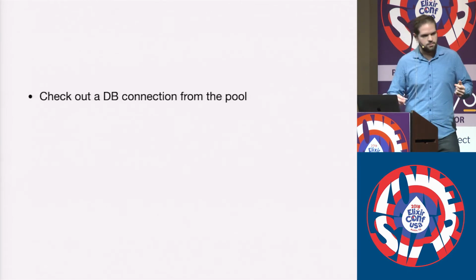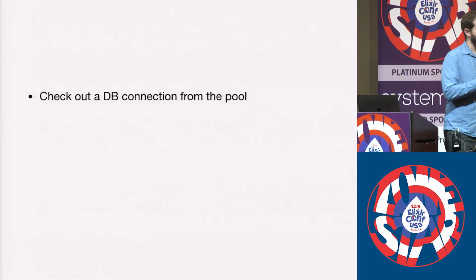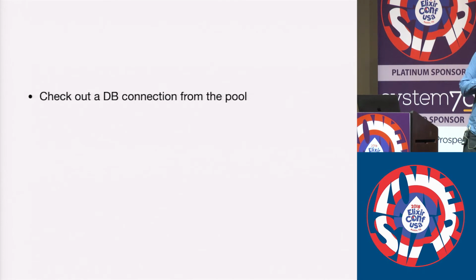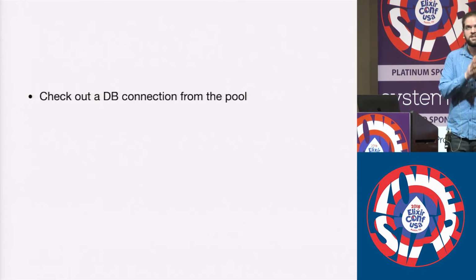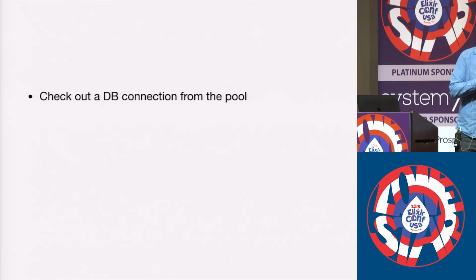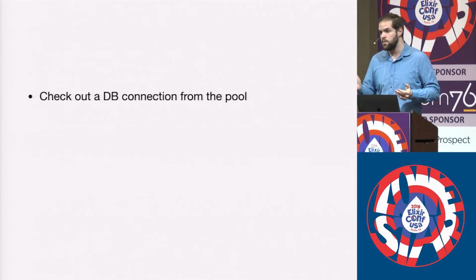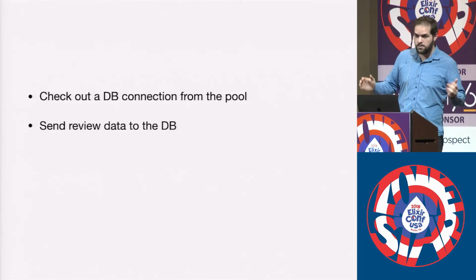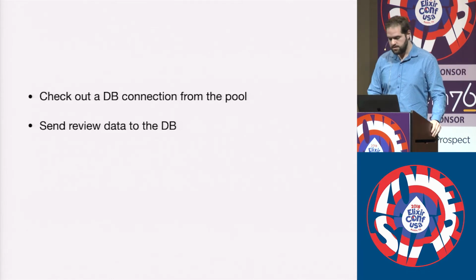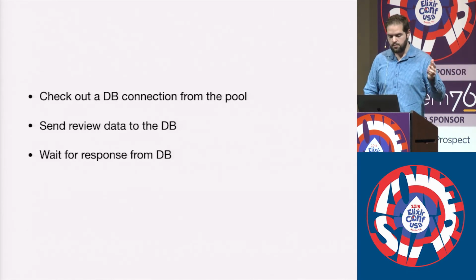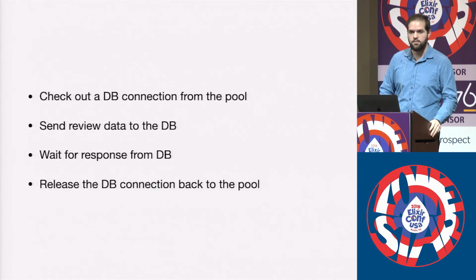This is a bit of a problem because of the way that SQL works. When we tell Ecto to insert a record into the table, the first thing we have to do is check out a database connection from the pool. Then we send that review data to the database, which saves it, and then we wait for that response to come back, and then we can release the connection back into the pool.